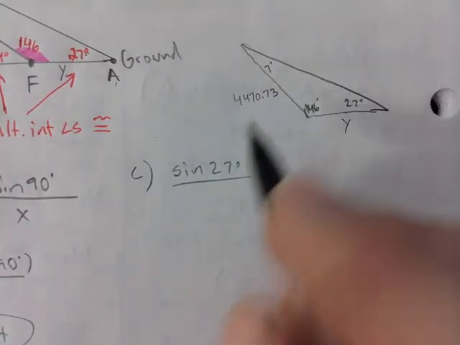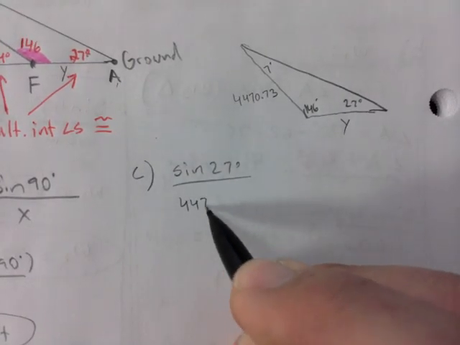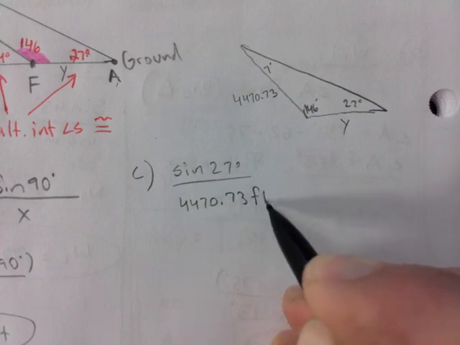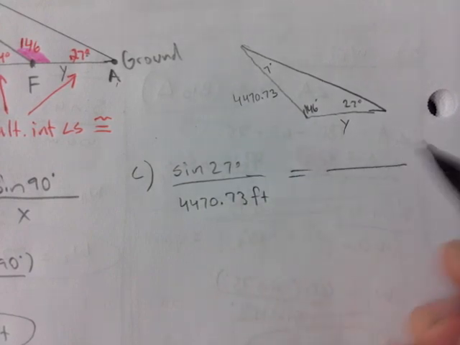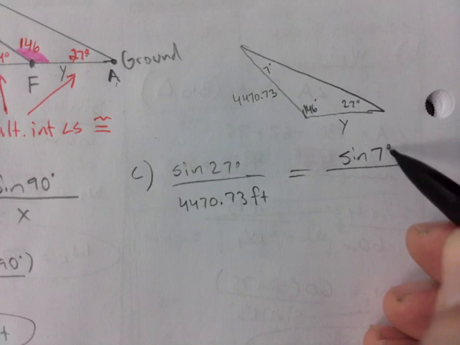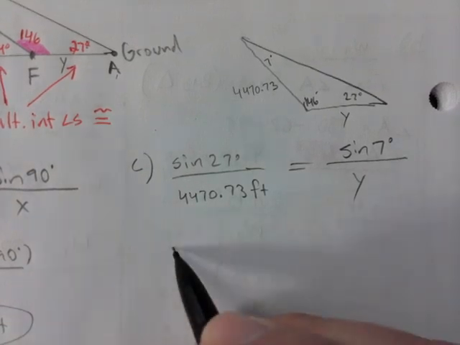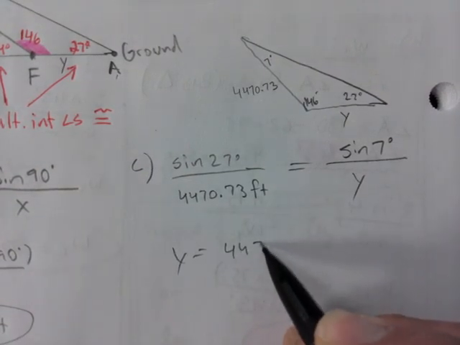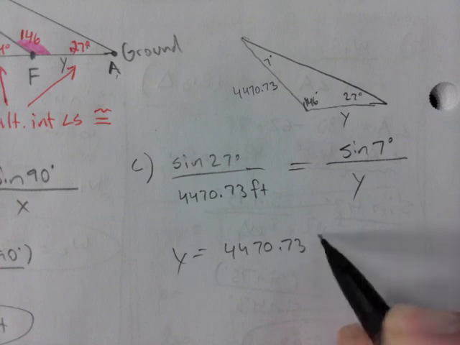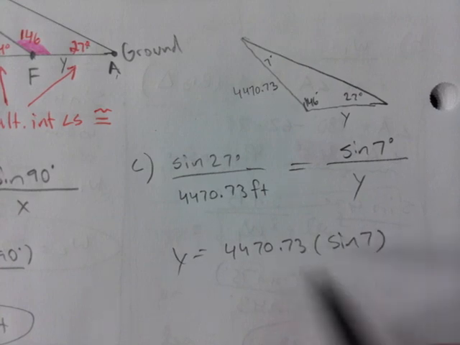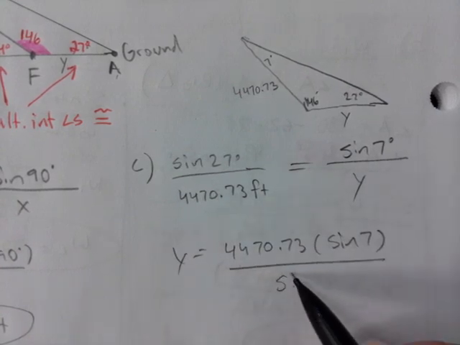So sine of 27 over 4,470.73 feet, that's equal to sine of 7 over Y. Compared to the 4,000 side, you're supposed to have a really small distance, right? Because 7 is such a small angle. So we're going to go 4,470.73 times sine of 7 divided by sine of 27.